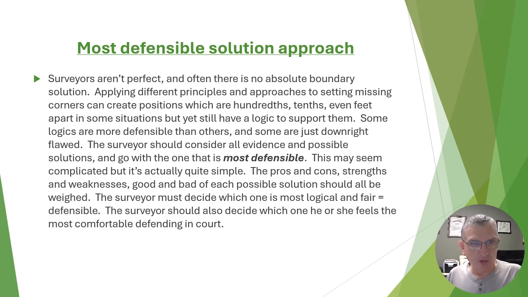Well, understand that there are so many solutions, yet there's not one unique solution that is correct and all the others are wrong. There can be many correct solutions derived by different approaches and different boundary doctrines.